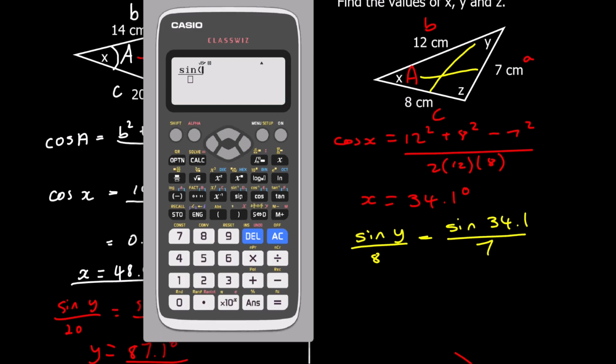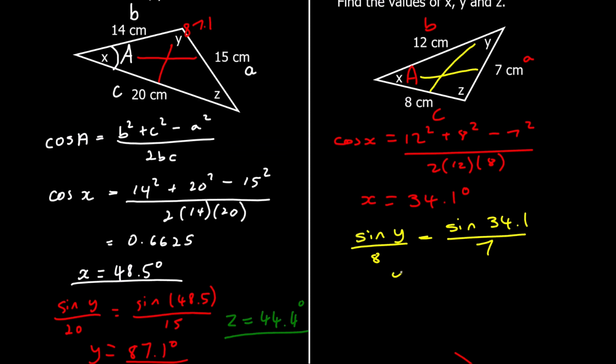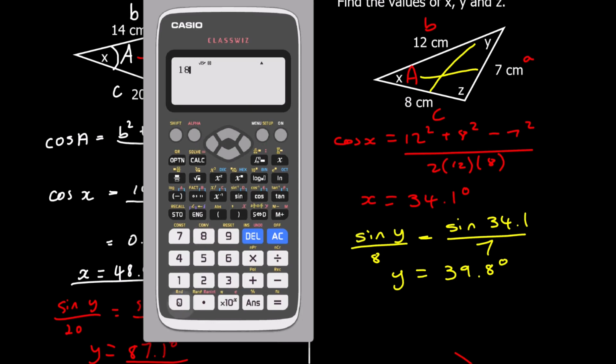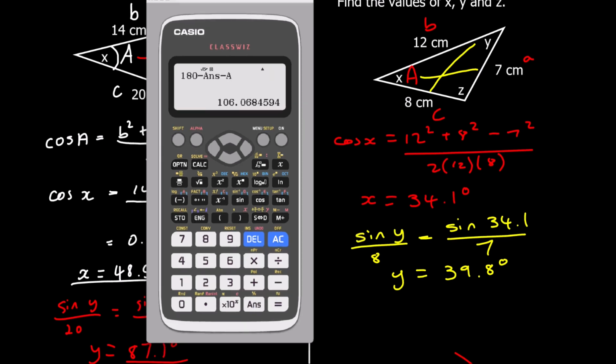That's sine answer over 7 multiplied by 8. That's sine y, shift sine, and that's 39.8. So y is equal to 39.8 degrees. And z, 180, minus the answer, minus the one we saved as A, and that is 106.1.